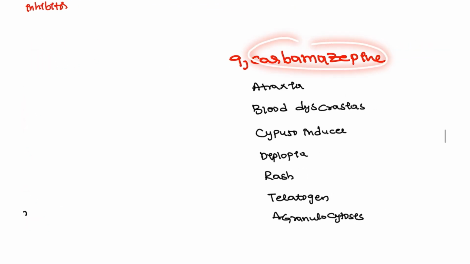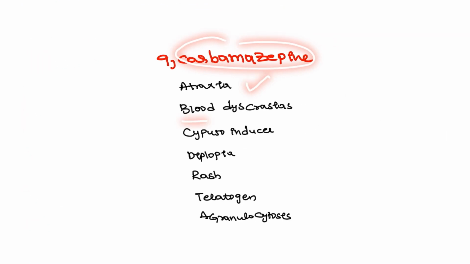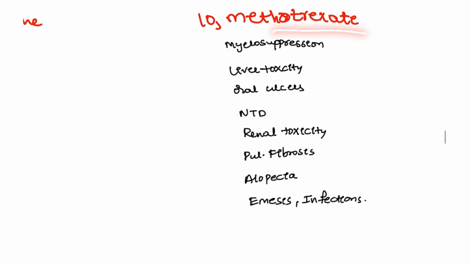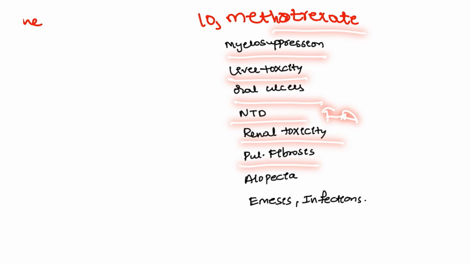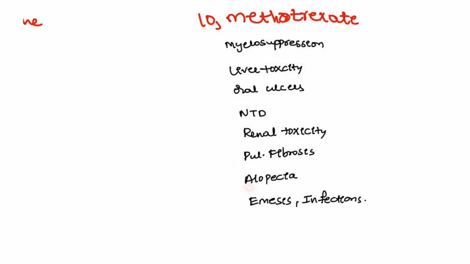Carbamazepine will cause ataxia, blood dyscrasias, it is a CYP450 inducer, diplopia, Stevens-Johnson syndrome, teratogenicity, agranulocytosis. And methotrexate: myelosuppression, liver toxicity, oral ulcer, neural tube defects, decreased folic acid synthesis, renal toxicity, pulmonary fibrosis, and also alopecia, GI symptoms and infection.